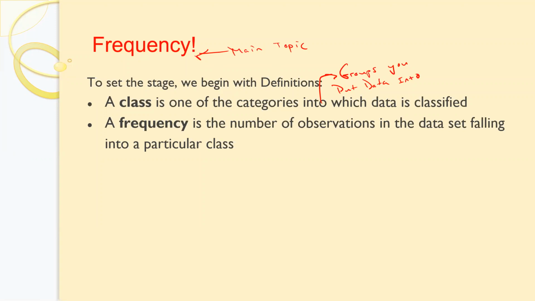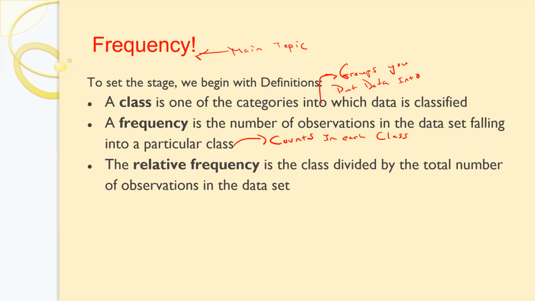Frequency is the number of observations in the data set falling into a particular class. Frequency is counts in each class. I have some examples I'll walk you through, and then some examples where we're going to do them together.